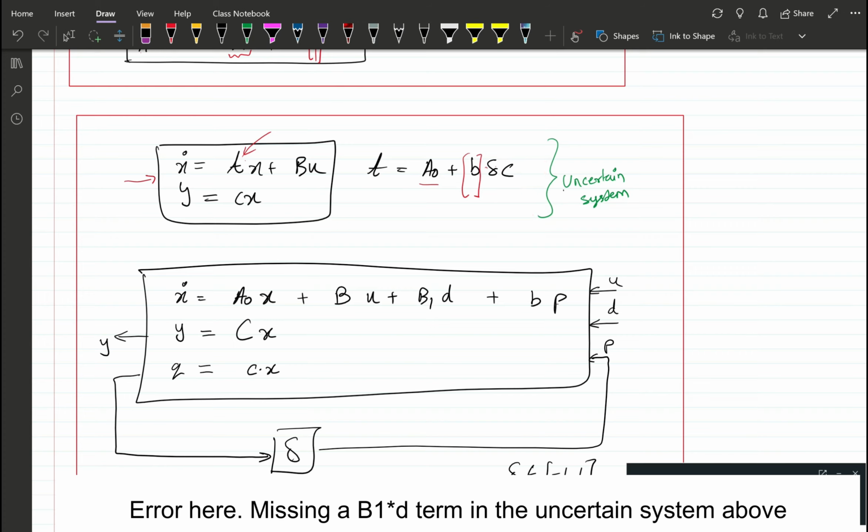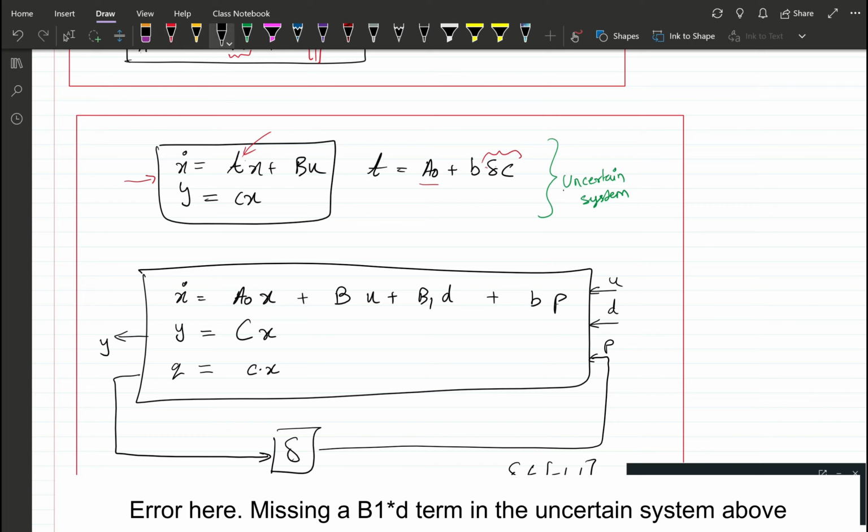Now this uncertain system can be written as a feedback loop. We can define input P as delta times Cx, and let me just show how this is done.